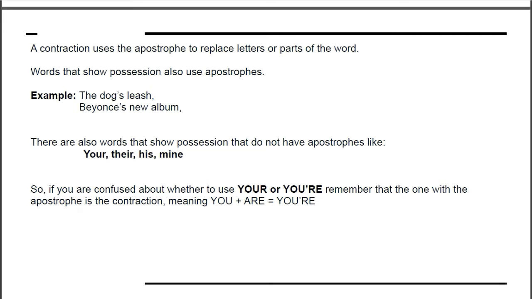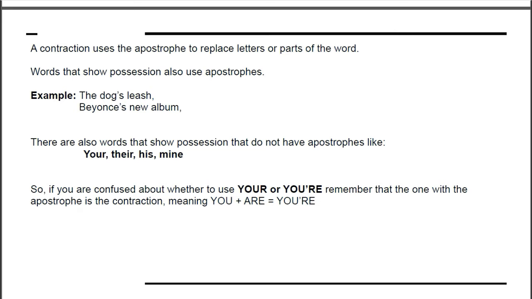When you use a contraction, the apostrophe replaces letters or parts of the word. Words that show possession also use apostrophes, but the apostrophe does not take the place of other letters. For example, the dog's leash. The word dog's has an apostrophe, but it is used to show possession.